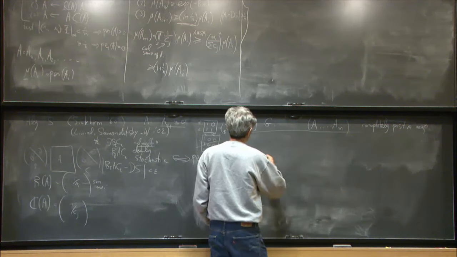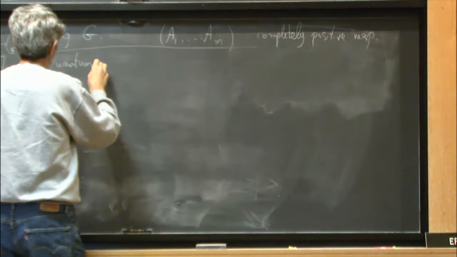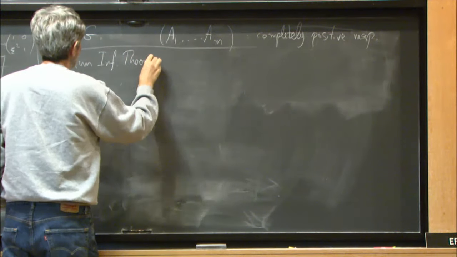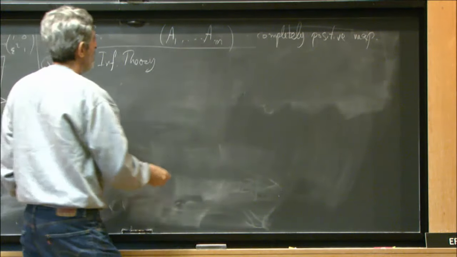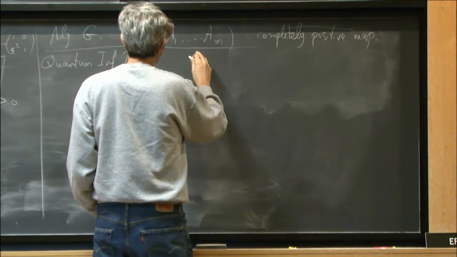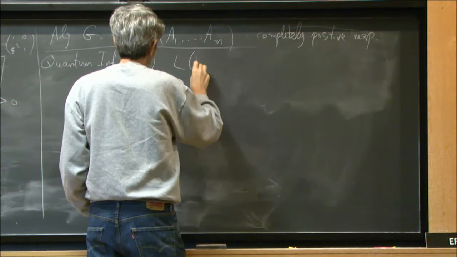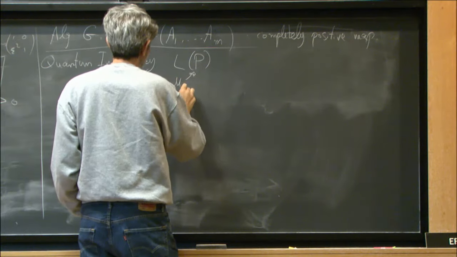You can view this in quantum information theory. They have this notion of a completely positive map, A1 through AM, which I will call L again. So L of P is also an n by n matrix.